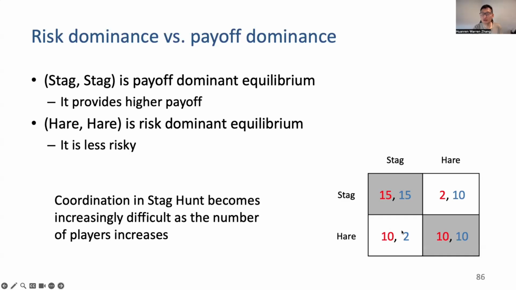Here is just a 2x2 game. Sometimes we have a situation where multiple players play this stag hunt game. Coordination in multiplayer games becomes significantly more difficult as the number of players increases.